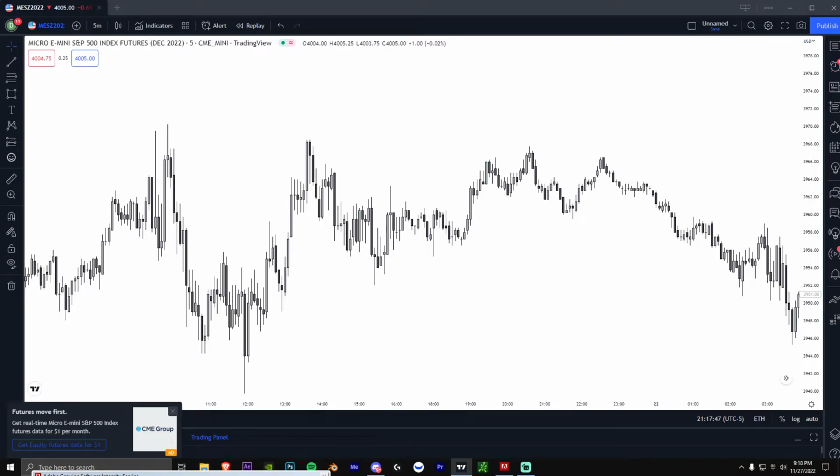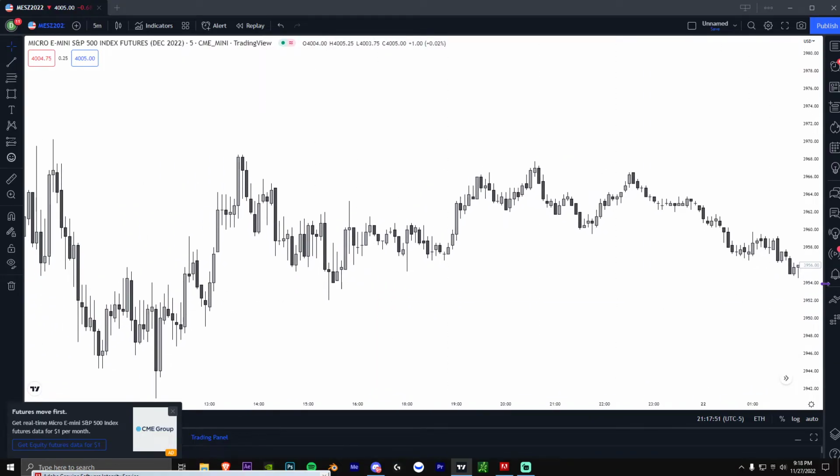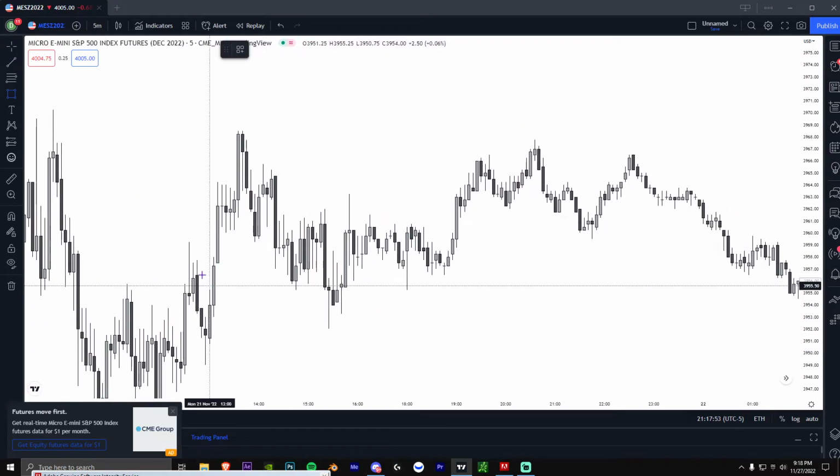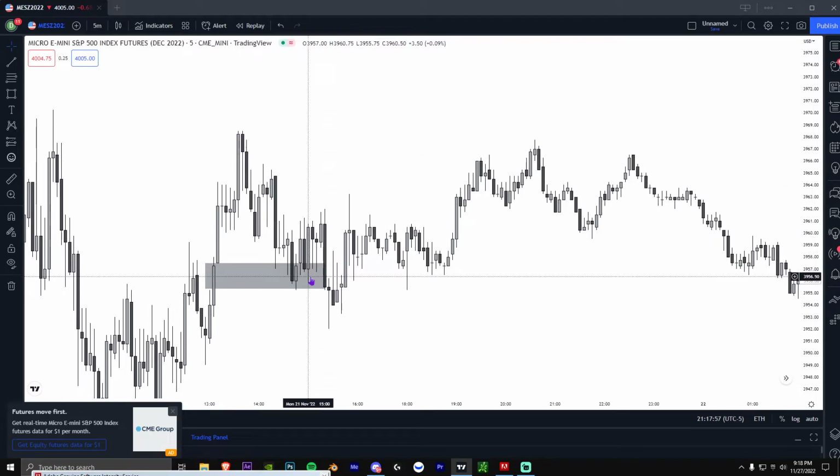I think stop losses can be very tricky, and obviously there's going to be some trades where you're just going to have a 3-point stop loss, like right here, and your target's going to be up here, and let's say you entered at 3956, but it goes to 3952, and you're going to get stopped in these trades, even though technically the stop should be over here.